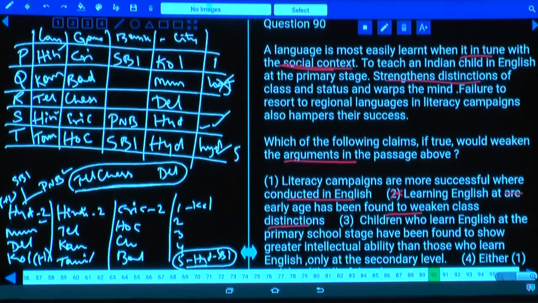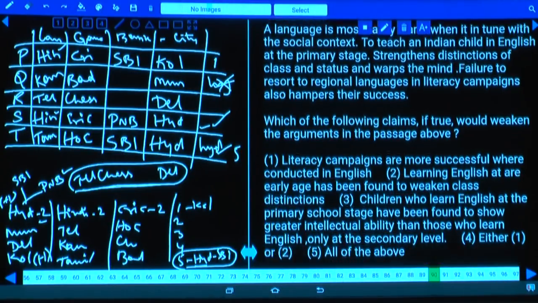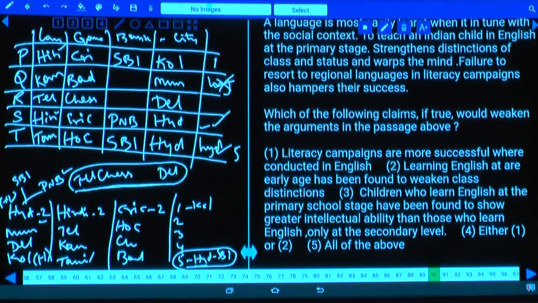Then the third one: children who learn English at the primary school stage have been found to show greater intellectual ability than those who learn English only at the secondary stage. Is he saying anything regarding this comparison between primary and secondary? The statement talks only about people who learned English at the primary stage, but gives no information regarding persons learning in the secondary stage. Isn't it? The third one is ruled out.